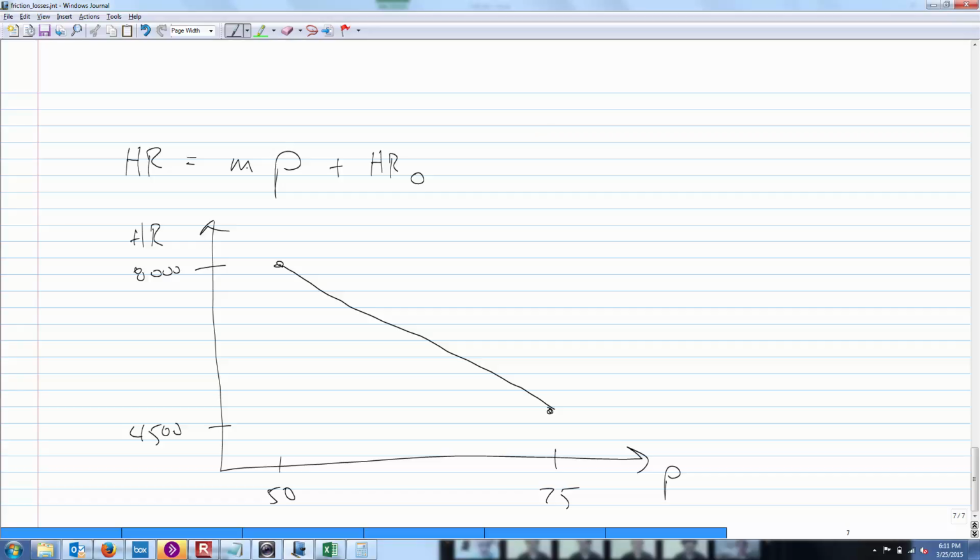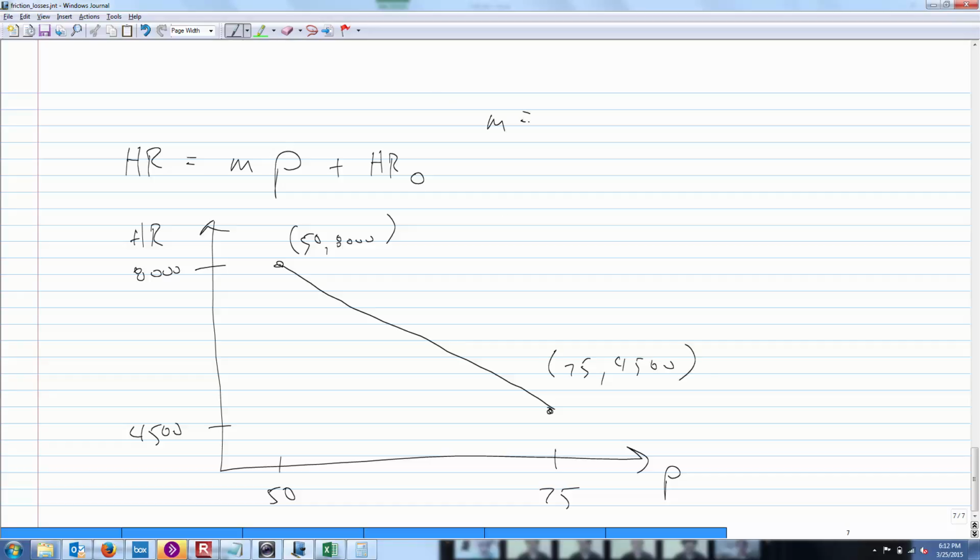Okay, so what does M equal? Well, this point right here equals 50, comma, 8,000. And this point right here equals 75, comma, 4,500.